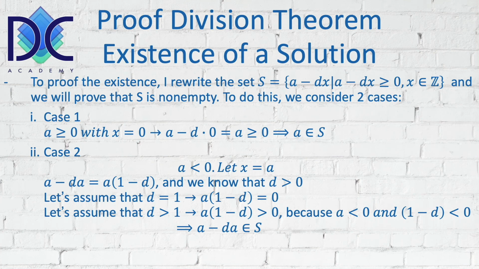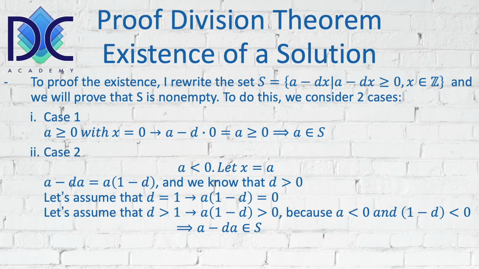In case 2, we consider that A is smaller than 0. Now what we can do here is say that x is equal to A. So basically we can say that A minus DA is A times 1 minus D, and we know that D is larger than 0. So we assume in the first step that D is equal to 1, and then we find A times 1 minus D, D being 1, is equal to 0.